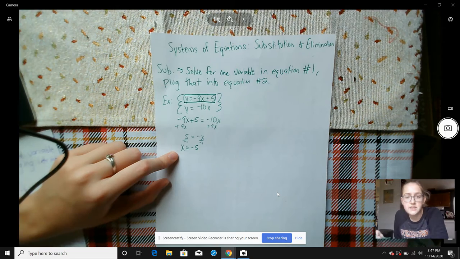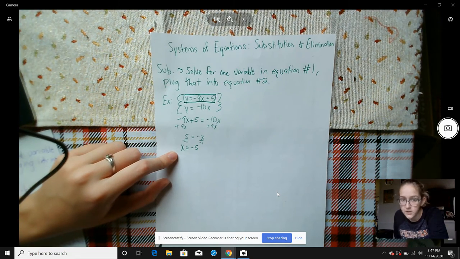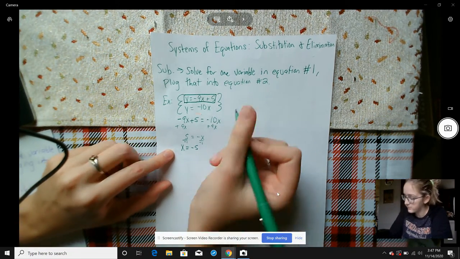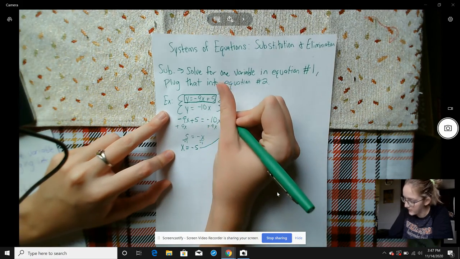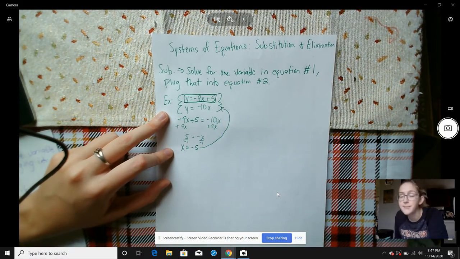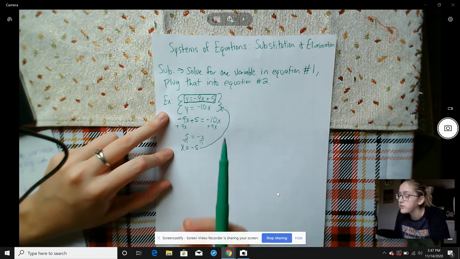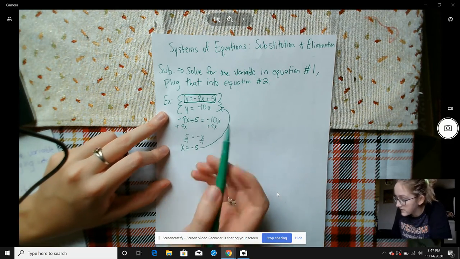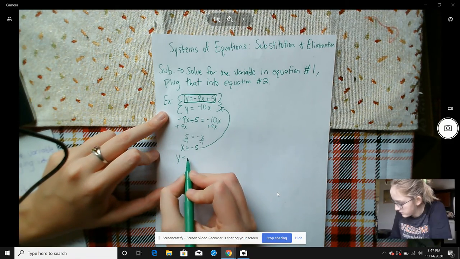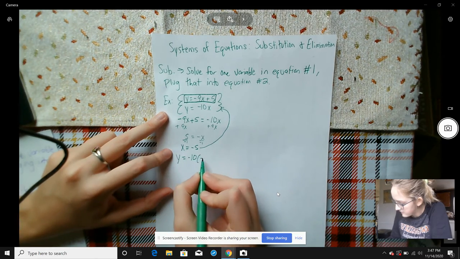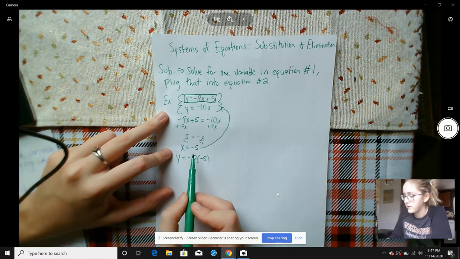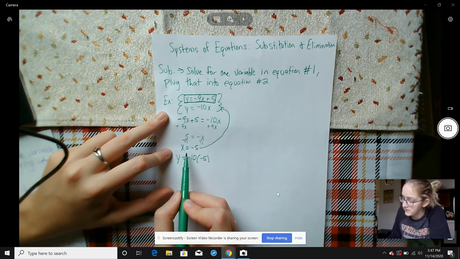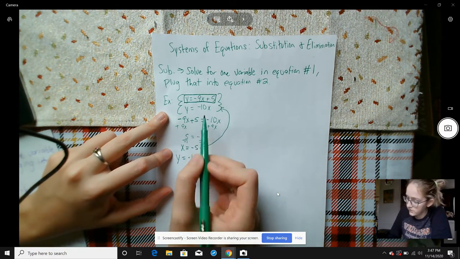Since x equals negative 5, in order to find my y, I'm simply going to plug my x back into either of these equations. It does not matter which. I recommend doing the simpler of the two, and I'm going to say the simpler one is the second one. So y equals negative 10 times negative 5, because we know that x is negative 5, so we're going to substitute that back in.